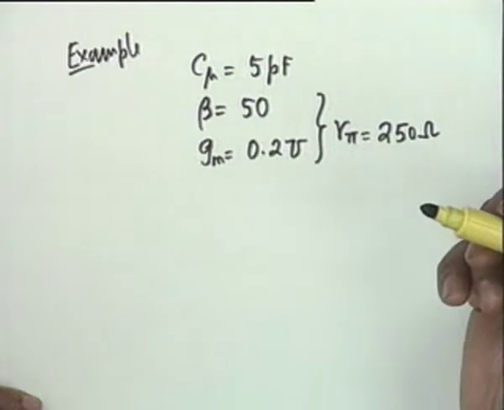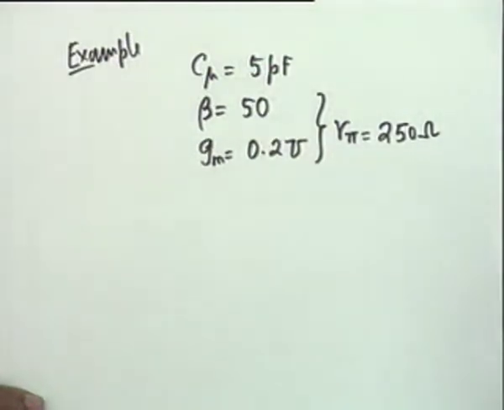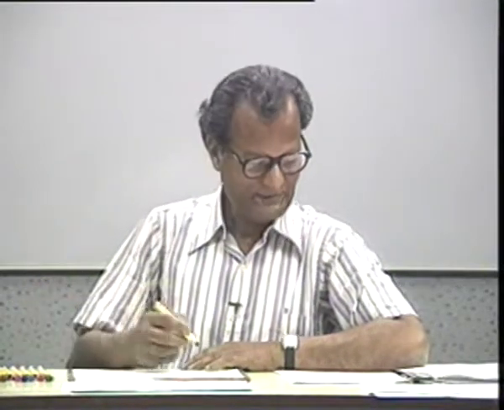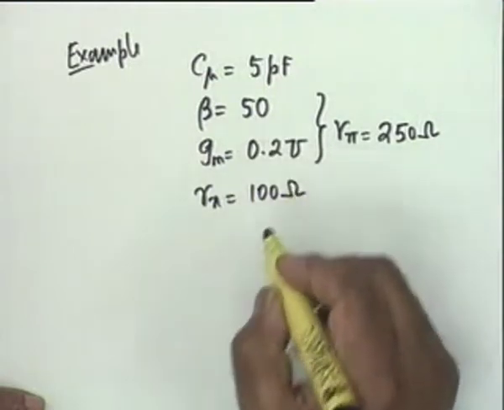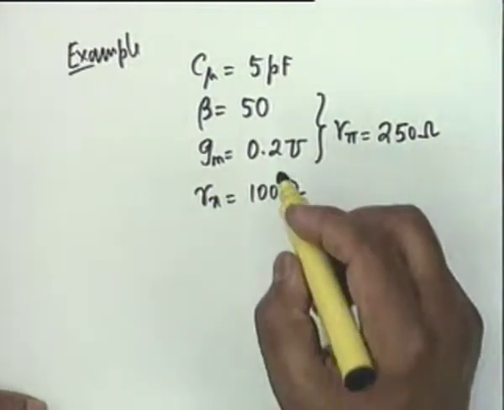Beta and GM are given. Sometimes the quiescent collector current will be given. If that is given, then you find out GM as IC by 25, IC in milliamperes divided by 25 millivolts. Then Rx is given; there is no way to derive it, it has to be given, measured.